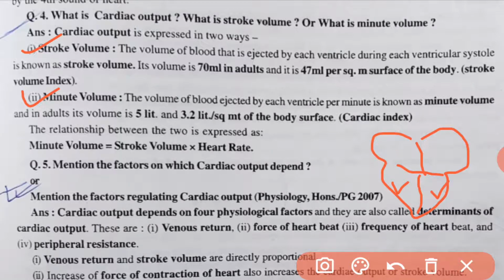These two are ventricles. We know two types of pressure occur in this chamber, systolic pressure and diastolic pressure. So this is an auricle, this also is an auricle.